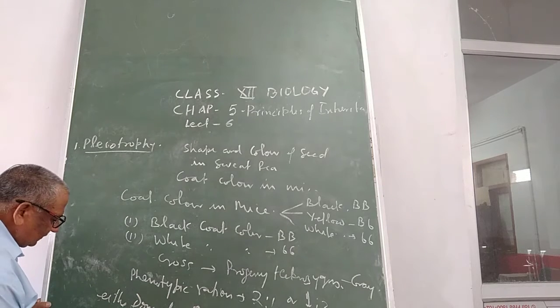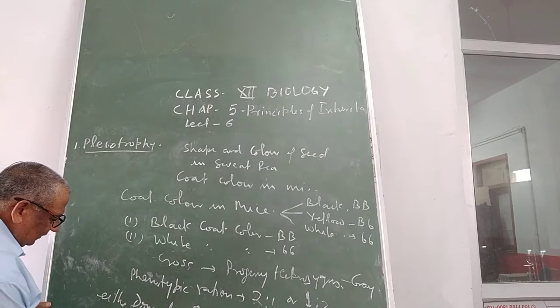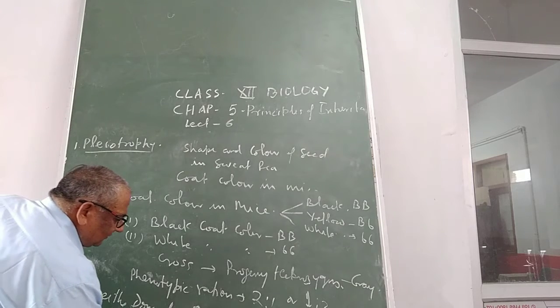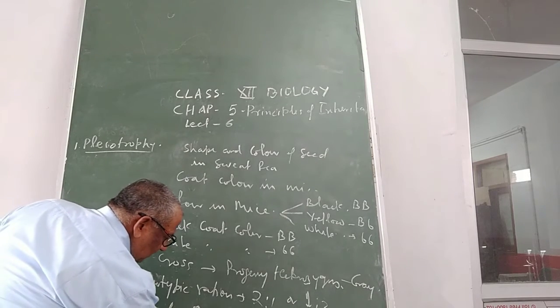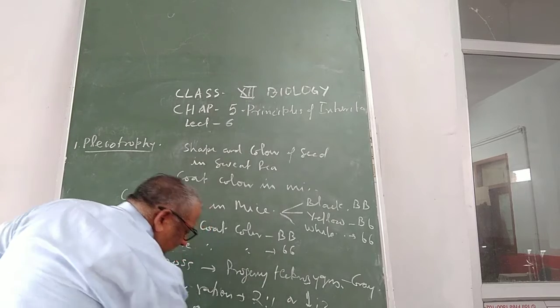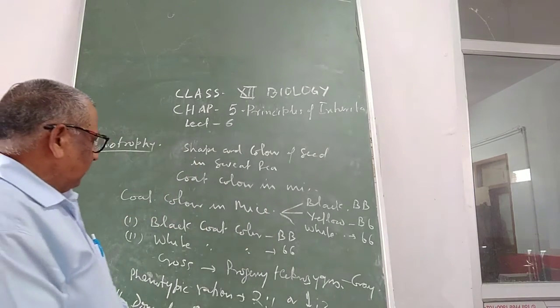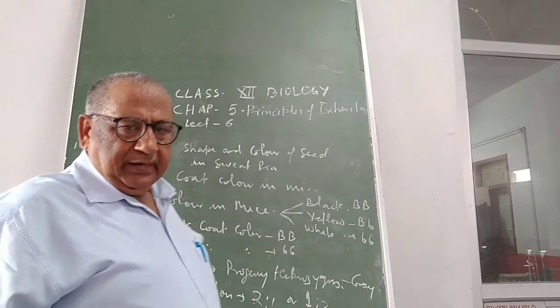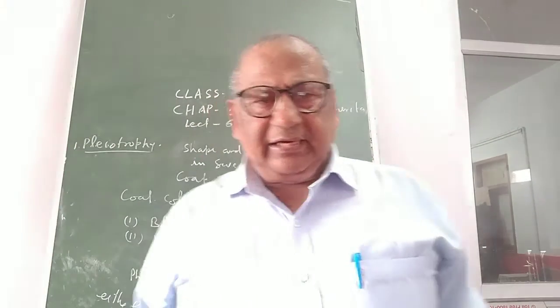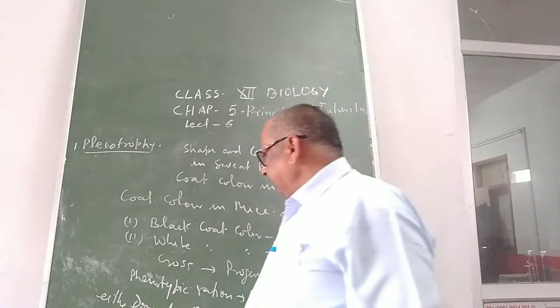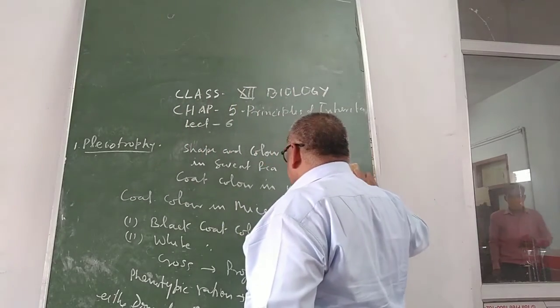And sometimes the recessive one will die. Then it will come to 1:2. This ratio changes. So in this way we can say in pleiotropy a single gene is controlling more than one character. It is the best example we see here.